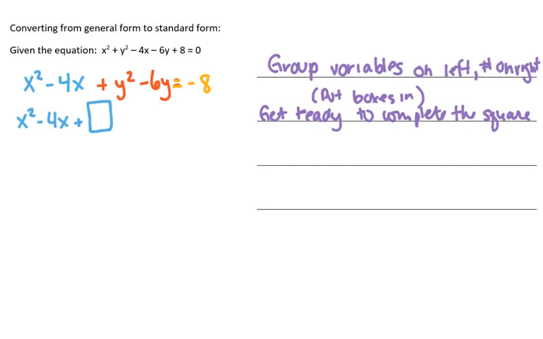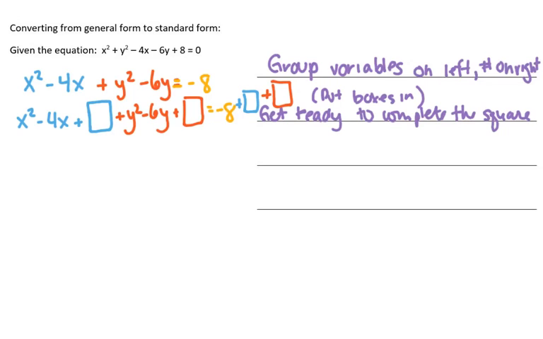So this box is going to be that number that I'm going to put in and add to both sides. So I'm going to do that for my x values, but then I'm also going to do that for my y values. So to keep my equation balanced, I'm going to put my plus blue box over here and put my plus red box over here.